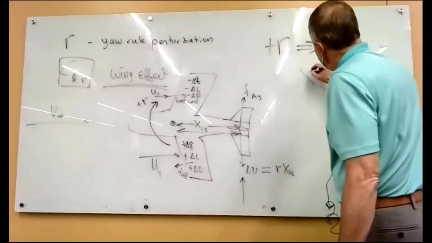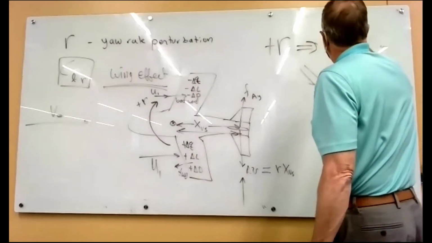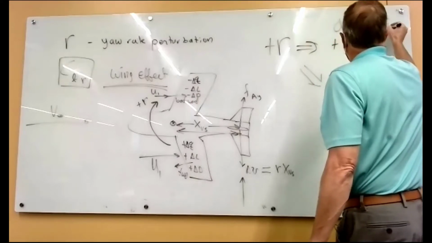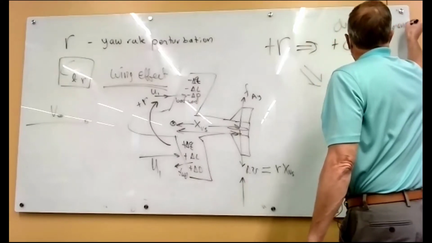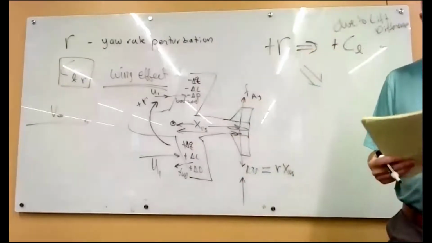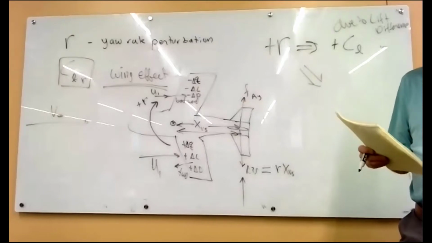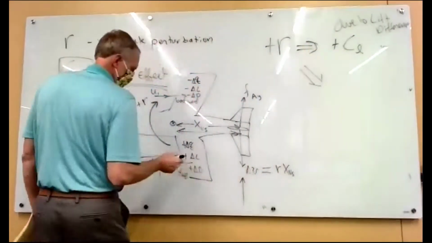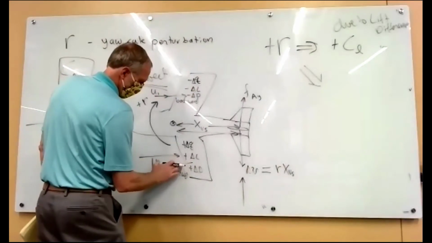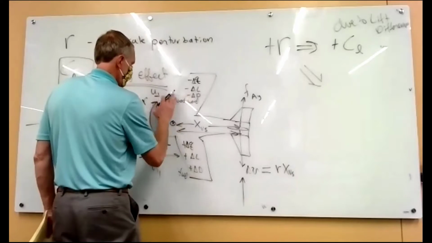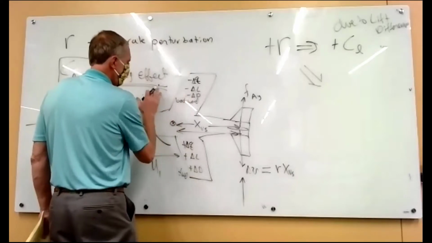How about yawing? So this is due to the lift difference, because it's the lateral moment arm times the lift that gives you a roll. Okay, how about the drag stuff? So let's get rid of our velocity vectors here, because I've already put their effect here.